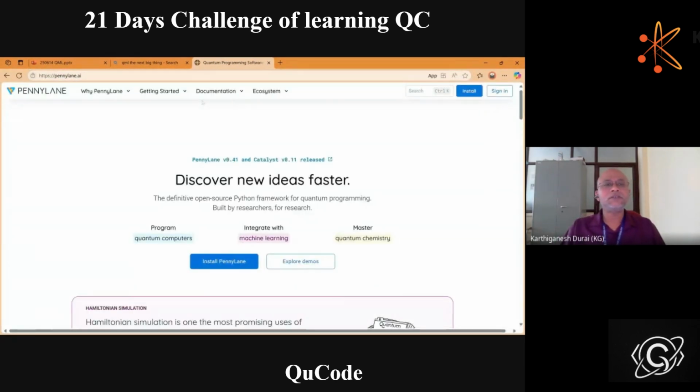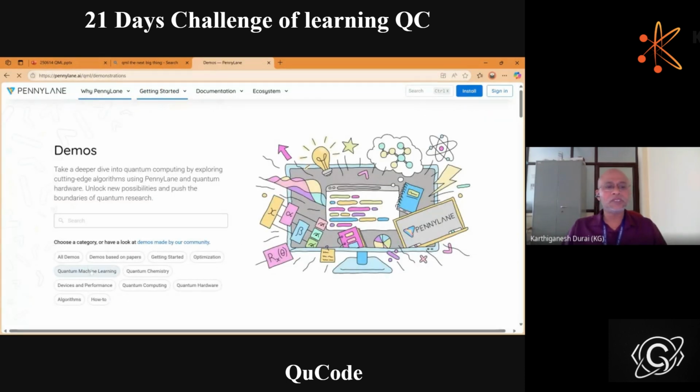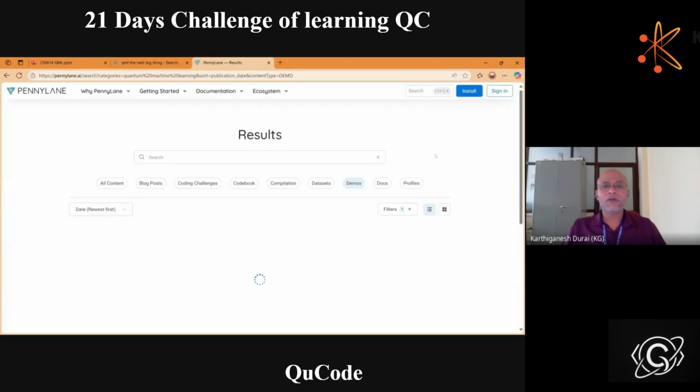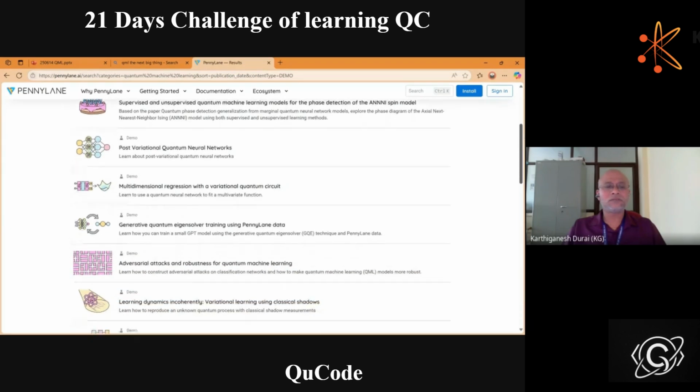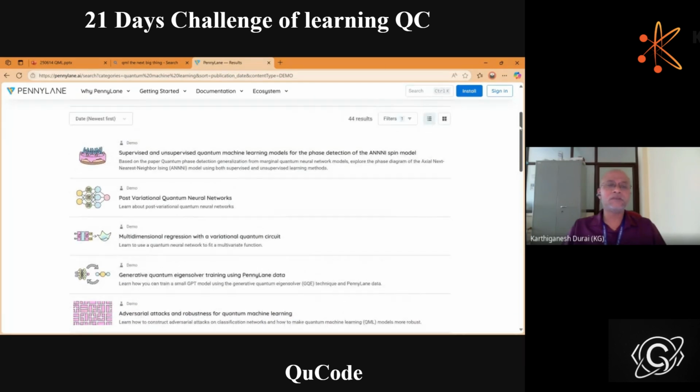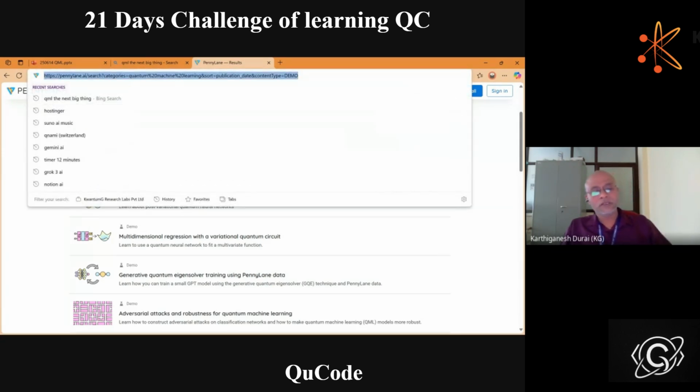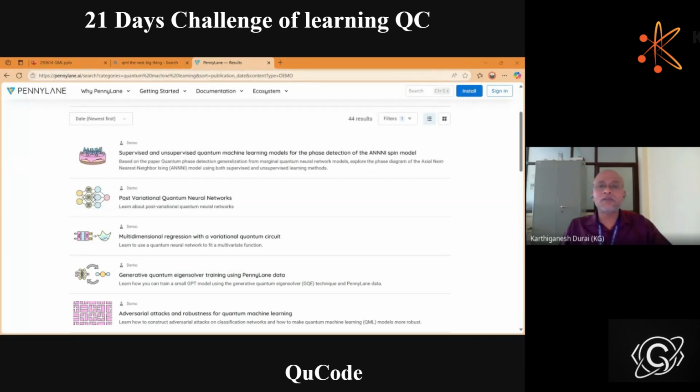Here, if you go to explore demos under the machine learning category, you will see many examples and demonstrations of quantum machine learning models using the PennyLane framework. This will give you a clear picture of where you can start understanding existing quantum machine learning capabilities in the industry. Okay.